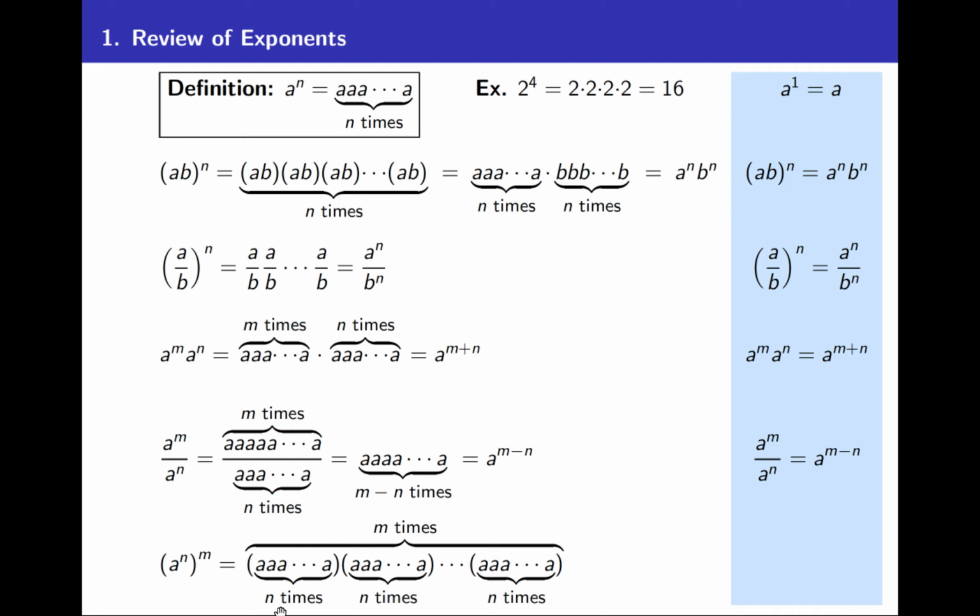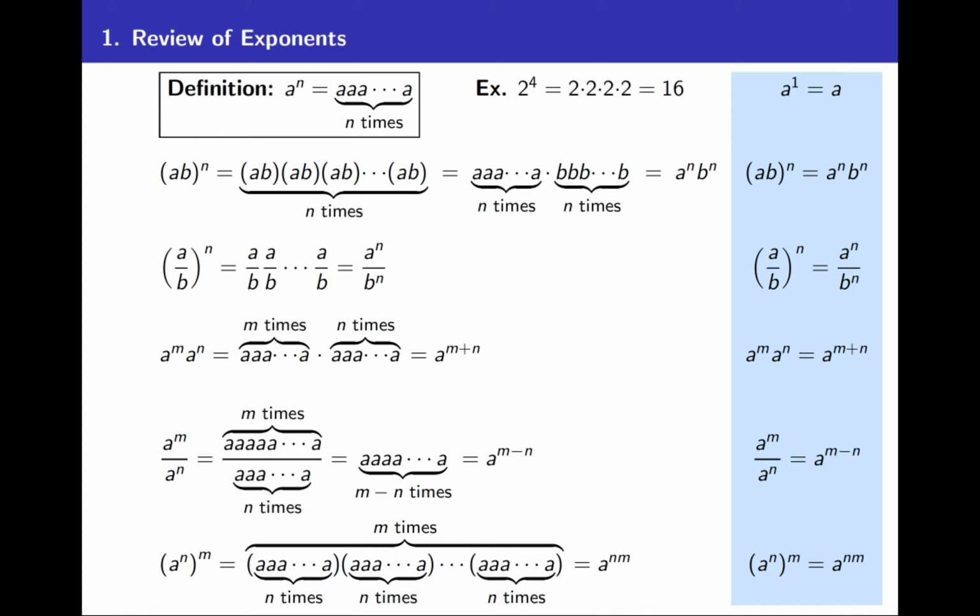Well, m times you have n a's, so that's a total of a times itself n times m times. So a to the n to the power of m is a to the power of n times m, and we'll record that. So these are basic properties of exponents.